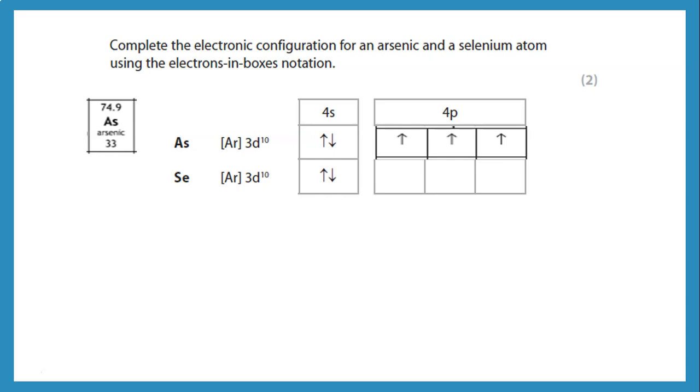If there are 3 electrons, they go 1 into each orbital. Selenium has 34, so it's the same distribution. Until we go to the 4p, we need to put 4 electrons into the 4p. That means I'm going to put 1 into each orbital, and then the 4th will be used to pair the first electron. Okay?